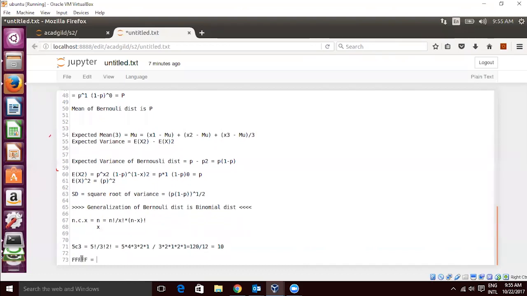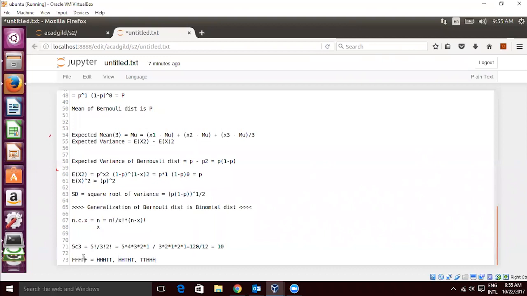Out of 5 flips, what is the probability of getting 3 heads? Like tail, head, head. It's like head, head, tail, tail. This is one way. Head, head, tail, head, tail, tail, tail, head, head, head, like that.